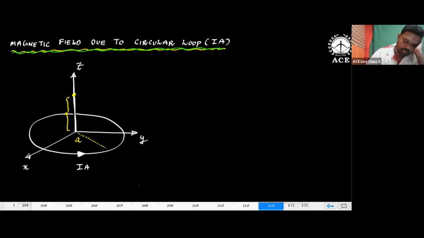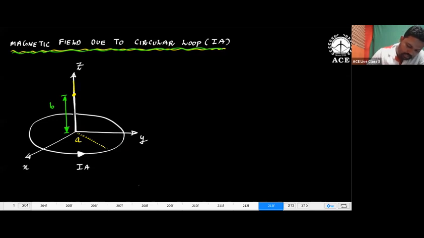So at a distance of B, I want to find out the magnetic field. If I put my thumb in the direction of current flow, my fingers will show the direction of magnetic field. So what would be the direction of magnetic field? The magnetic field direction is like this.